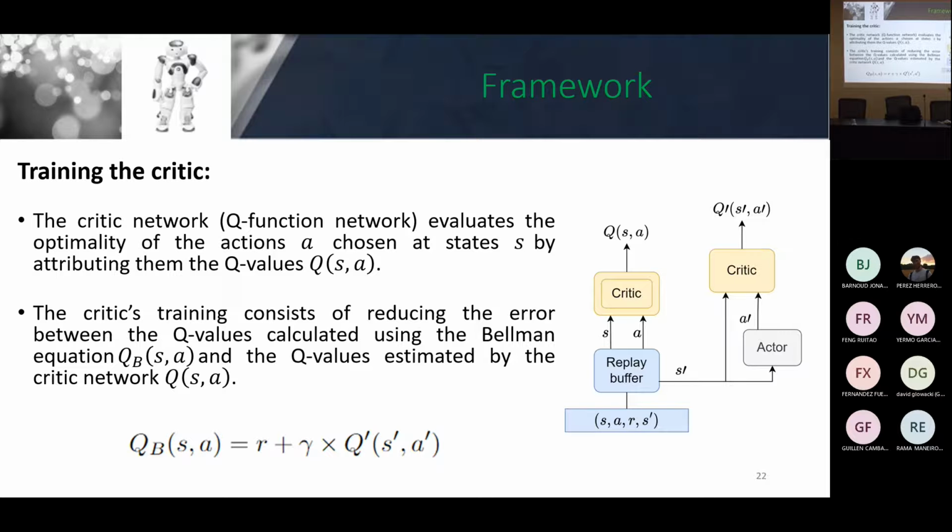So since in the Bellman equation we have this Q next value, which we don't have now, we use the critic in order to have this value. So we give to the critic the next state and the next action, and we take the Q value given by the critic and we use it within the equation.